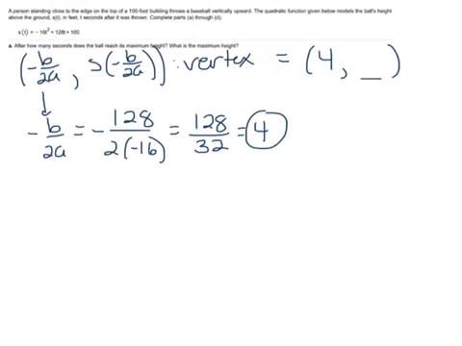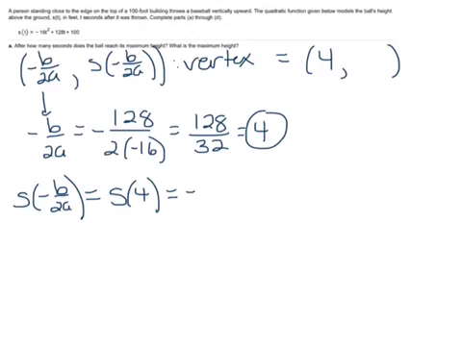Now we just need to figure out what the y value is to get the full vertex. So s of negative b over 2a for the y-coordinate is, in this case, s of 4. And really all that means to do is plug in x equals 4, or I guess in this case t equals 4, into our height function.